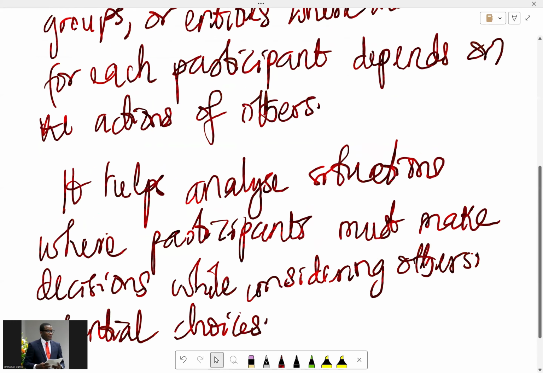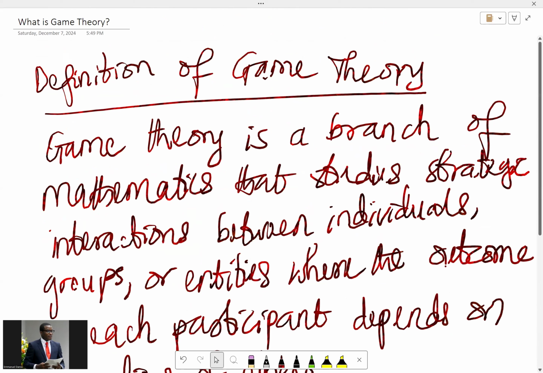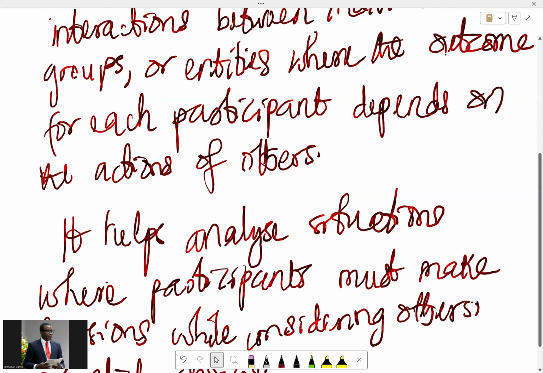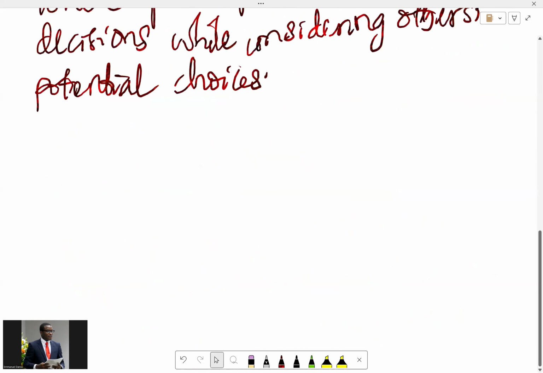Okay. So that's the definition of game theory. It's a branch of maths that studies strategic interactions between individuals, where the outcome for each participant depends on the actions of others. So everybody determines what happens to everybody.